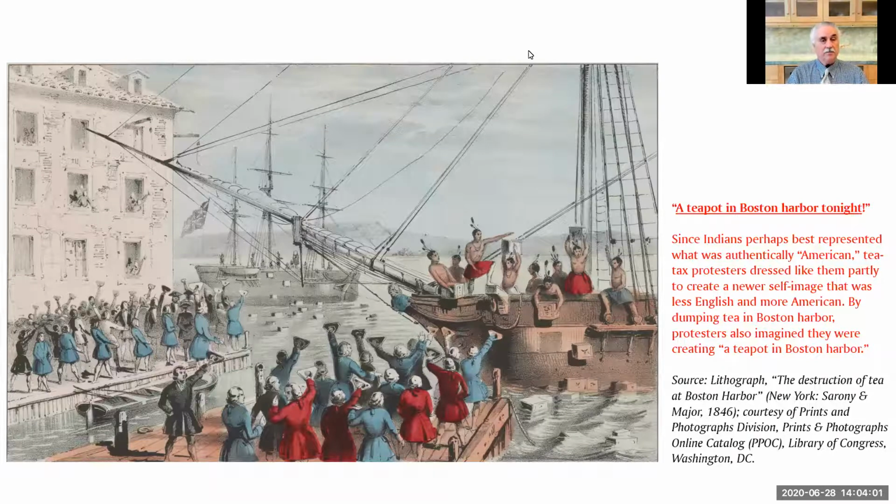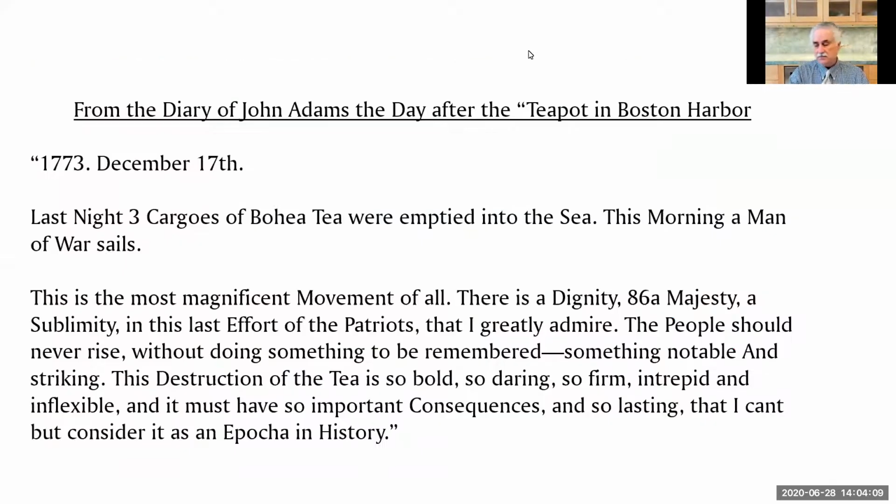And as I said, by dumping tea into Boston Harbor, protesters also imagined that they were creating a teapot in Boston Harbor. John Adams, who later became president of the United States, wrote this in his diary the day after the teapot in Boston Harbor.